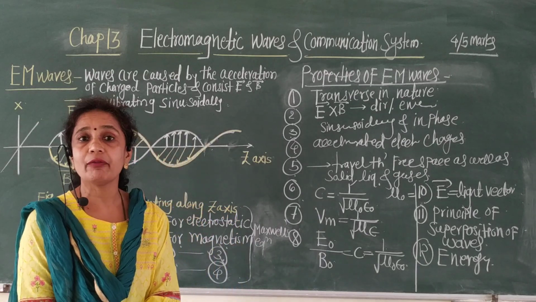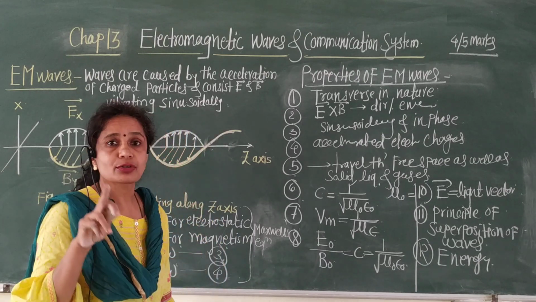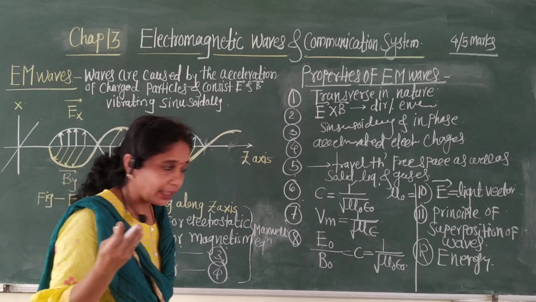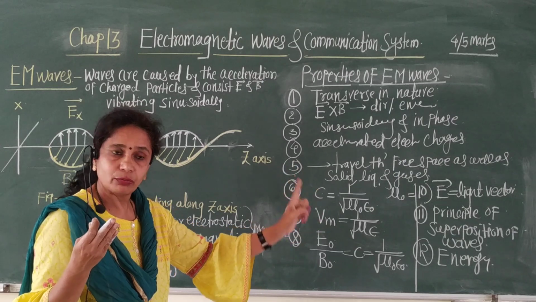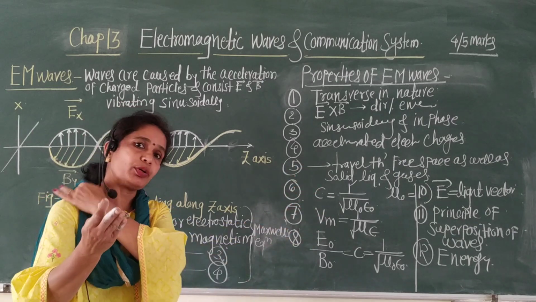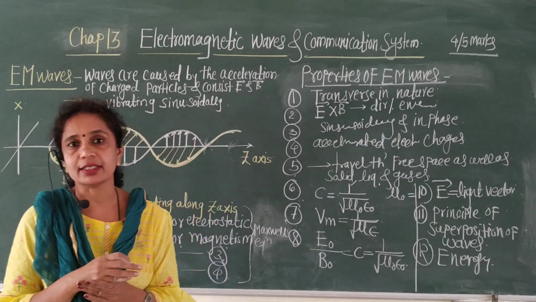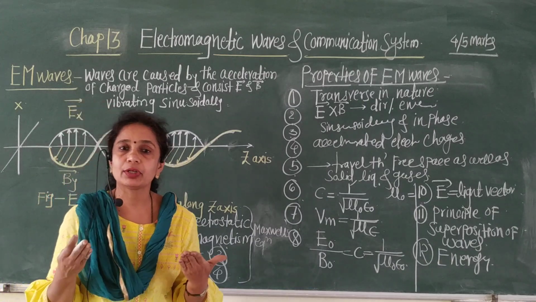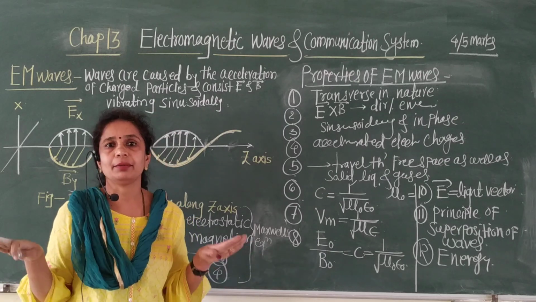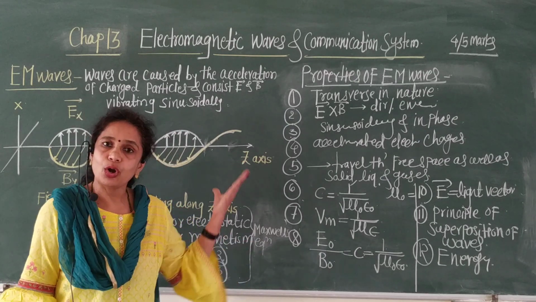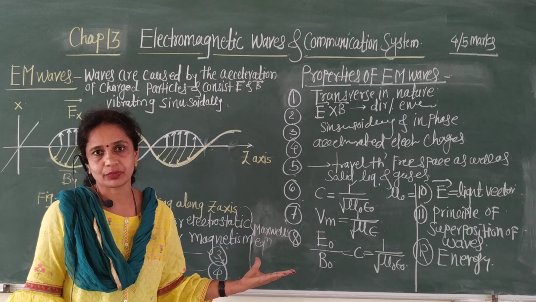As the electric field vector is more prominent than the magnetic field vector, it is called a light vector. Then property number 11 is that electromagnetic waves obey the principle of superposition of waves. Then property number 12 is that the energy of electromagnetic waves is distributed equally between the electric and magnetic field. All these are the characteristics of electromagnetic waves. Let us stop here.